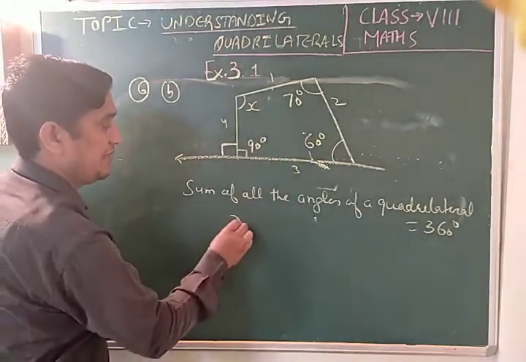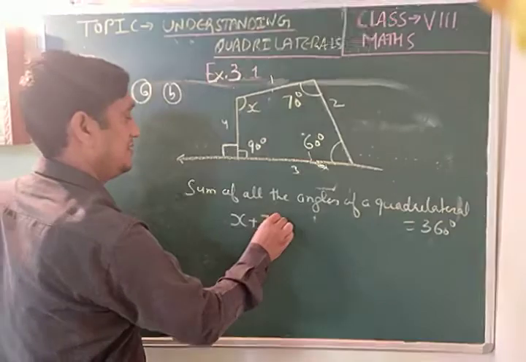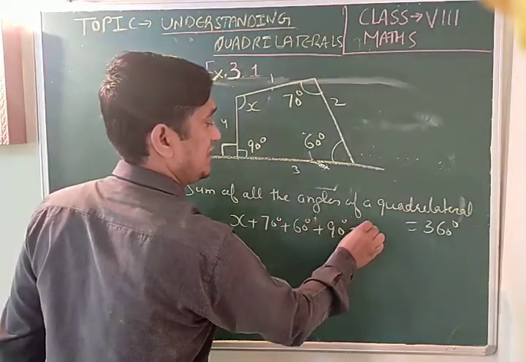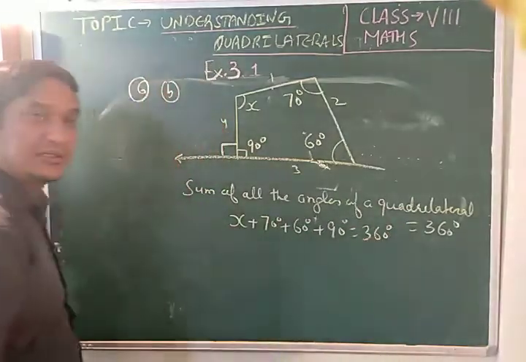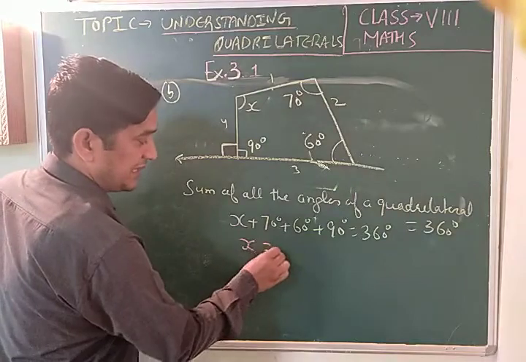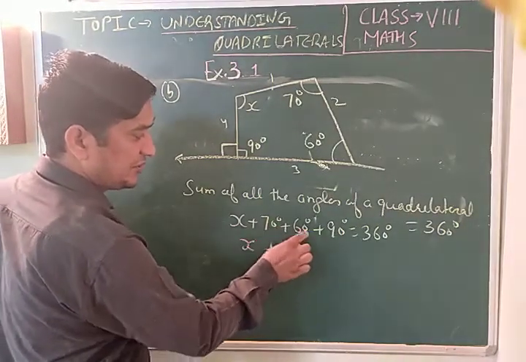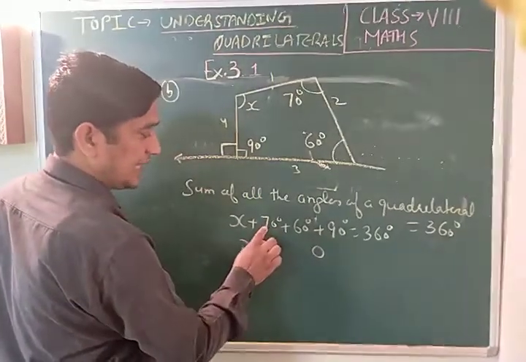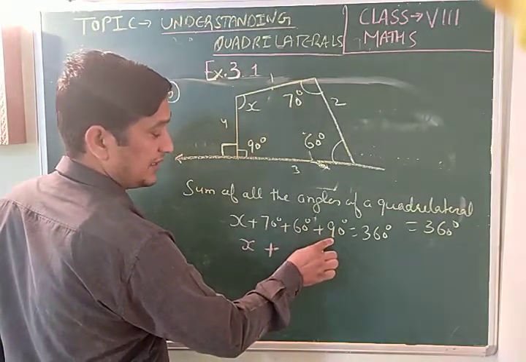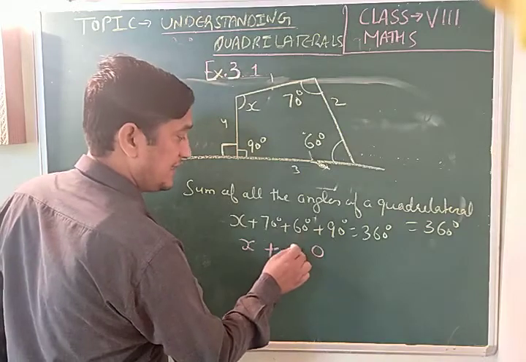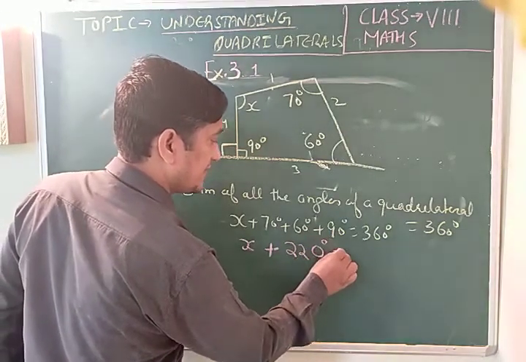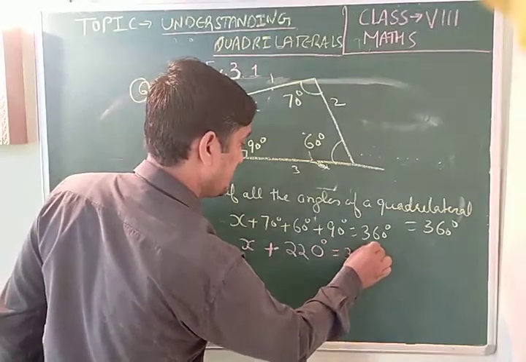Now apply the concept. x plus 70 plus 60 plus 90 degree is equal to 360 degree. Add. It becomes 220 plus x is equal to 360 degree.